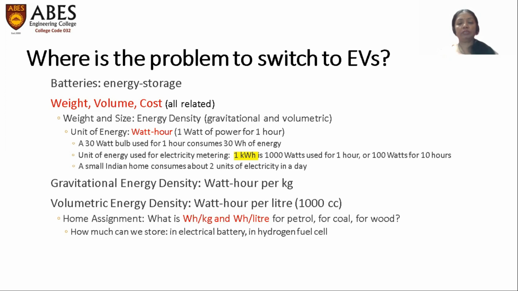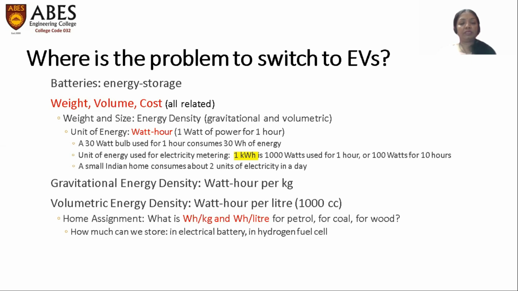That means when 1,000 watts are continuously utilized for 1 hour, the power consumption is 1 kilowatt hour, which is the basic unit of electricity. In small Indian homes, the usual consumption of electrical energy is 2 units per day. So these are the general facts.